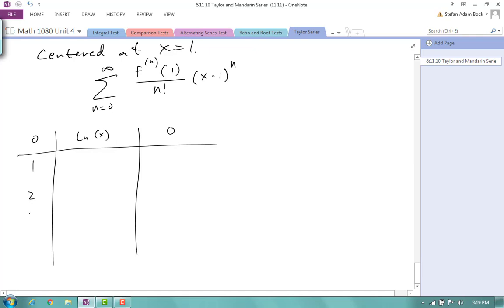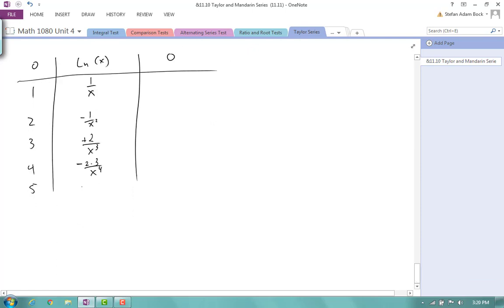So if I take the first, second, third, fourth, and let's say fifth derivatives, first derivative of natural log is 1 over x. The derivative of that is negative 1 over x squared. Derivative of that is positive 2 over x cubed, and then 2 times 3 over x to the fourth, this time negative.